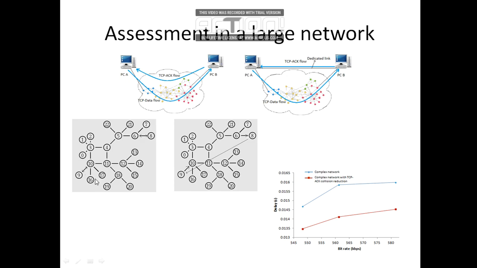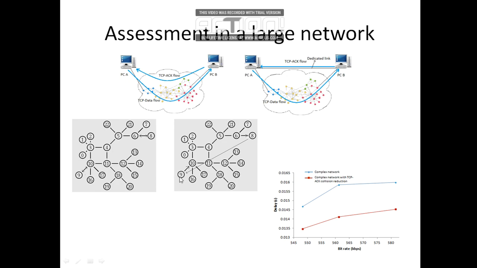In the existing method, when data is sent from 9 to 8, TCP replies by sending TCP-ACK through the same network. In the proposed method, we speed up TCP-ACK by using a dedicated link. We can use, for instance, a direct connection by phone line or by other means, satellite, for instance, for making direct connections.